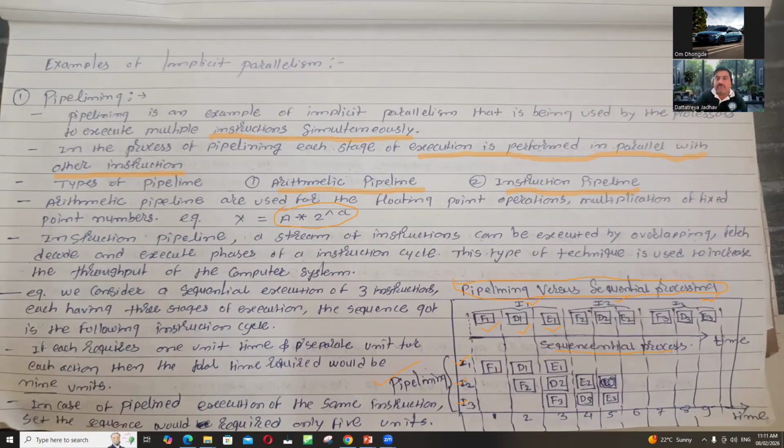Taking one example, we consider a sequential execution of three instructions: instruction 1, instruction 2, instruction 3, each having three stages of execution: F1, D1, E1, F2, D2, E2, F3, D3, E3.